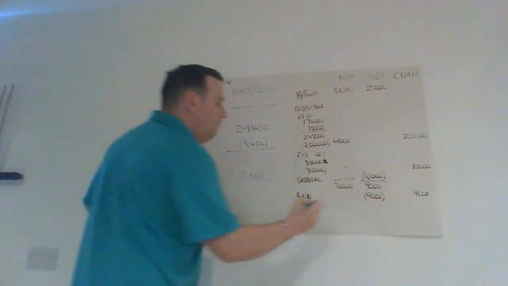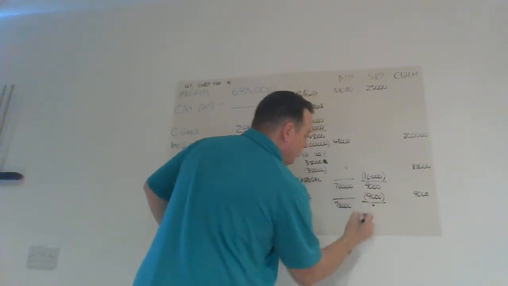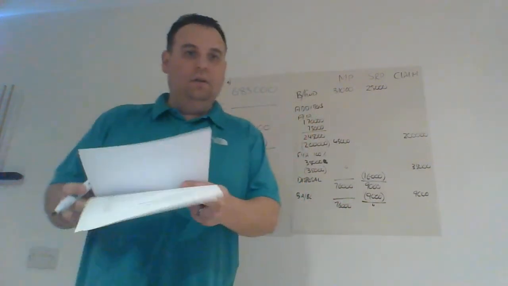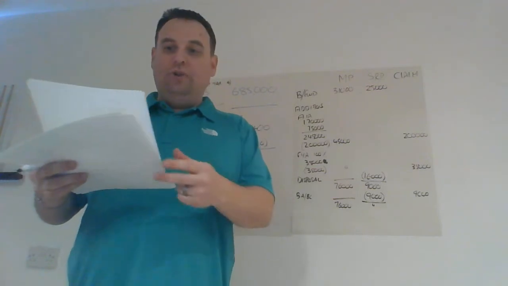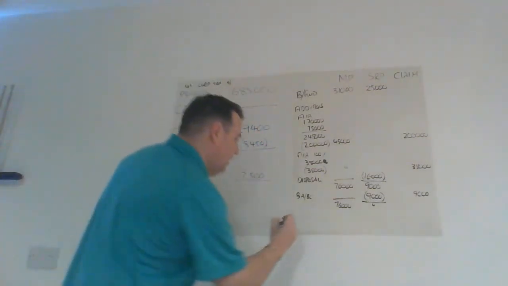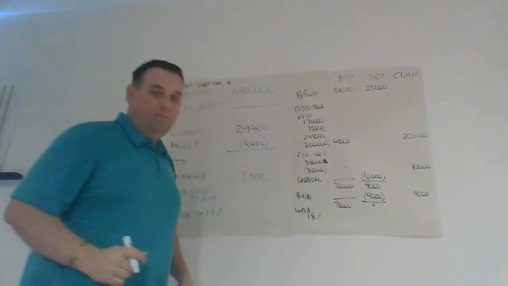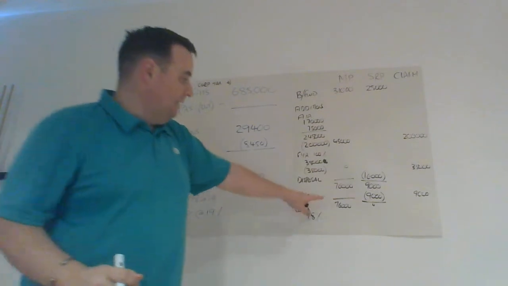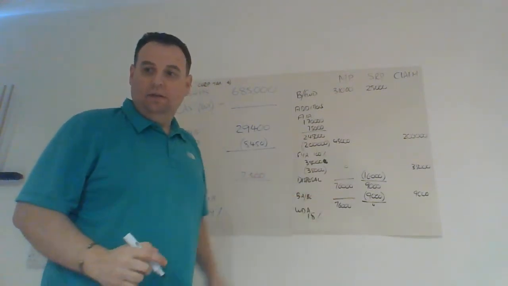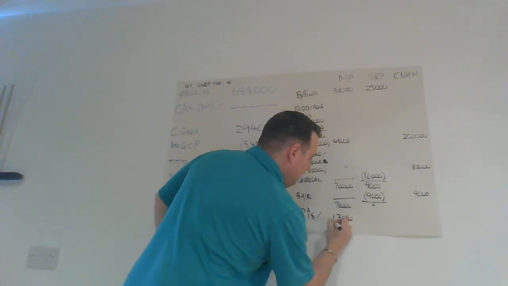This means we now have 0 and 76, and we are able to now claim our writing down allowance, the standard writing down allowance of 18%. 18% of this figure is 13680.